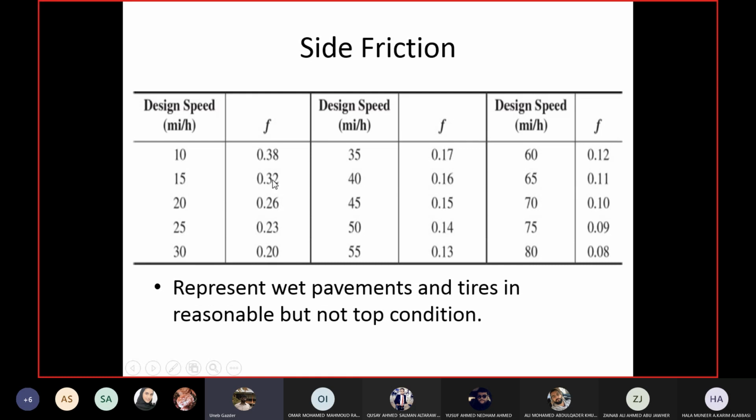But if you come to this part, if I give you a value of 12, you can interpolate between 0.38 and 0.32. Between 0.38 and 0.32 you have enough margin. You can have a value of 0.36, 0.35, 0.34. But if your speed is more than 35, even if you do the interpolation, you will end up with the closest value, so you can take the closest value.